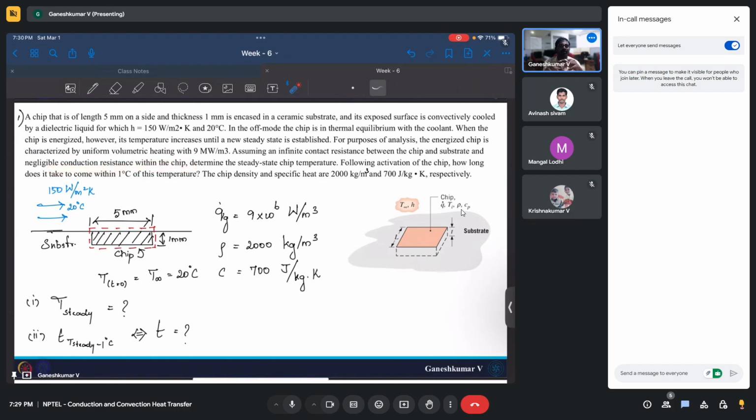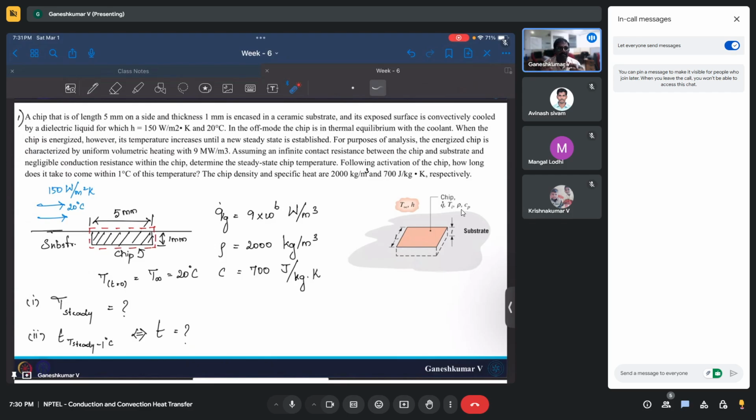Okay, so there is no conduction resistance within the chip, which means the entire chip is going to be at the same temperature. Whenever there is a small heating, it is going to be felt everywhere because the resistance to this conduction is very less, negligible. Which means we need not really worry about how the temperature field is varying within the chip. We can directly take this entire chip to be at the same temperature, or isothermal chip.